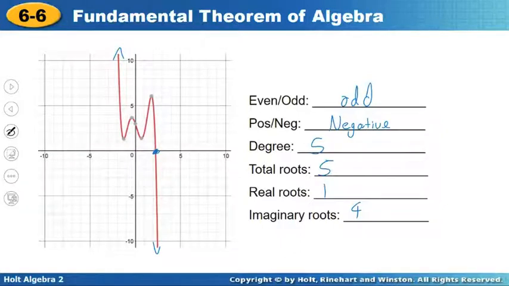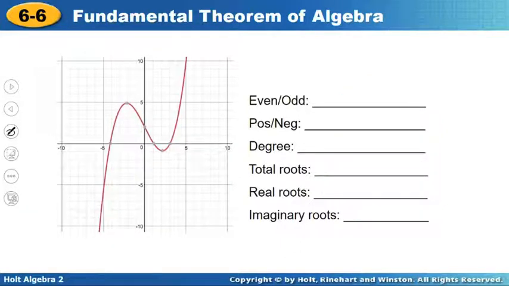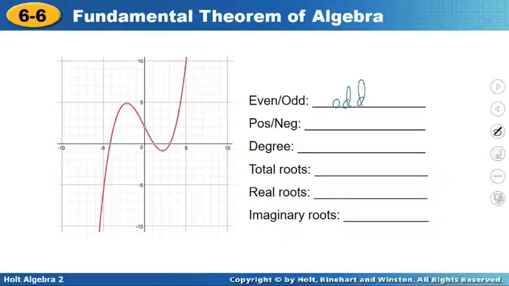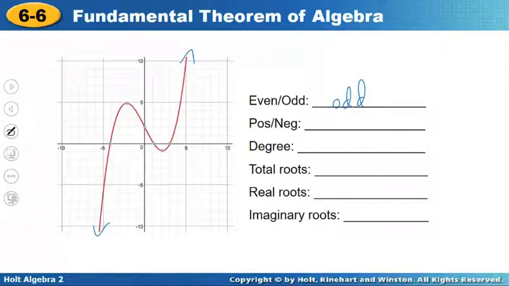All right, to move on, if you guys would like to, pause the video as we get to the next one and try it on your own and then see if you're right. You're certainly welcome to. I highly recommend it. Otherwise you can just listen and follow along. The left side is going down, the right side is going up, so this is a positive odd function.